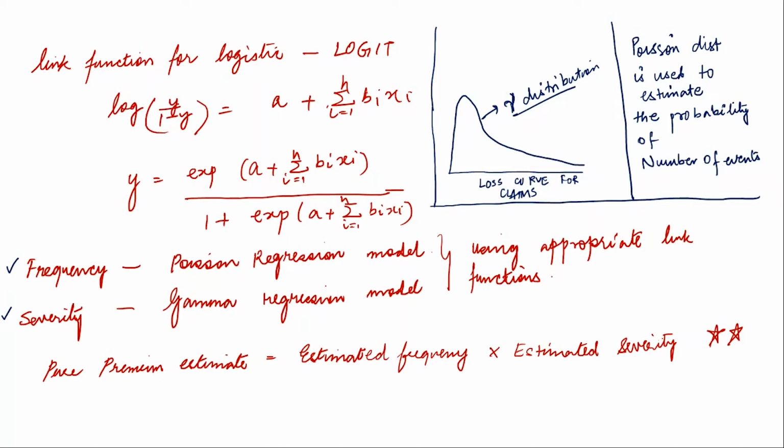Can you please explain this graph, the loss curve for claims, how to read this? Okay, the only way to do this is in two sentences.